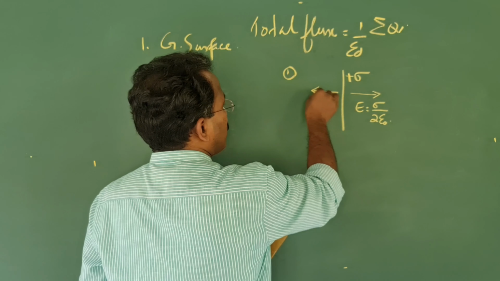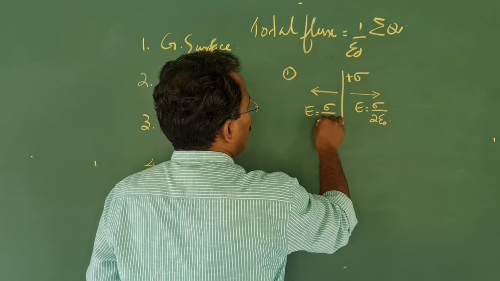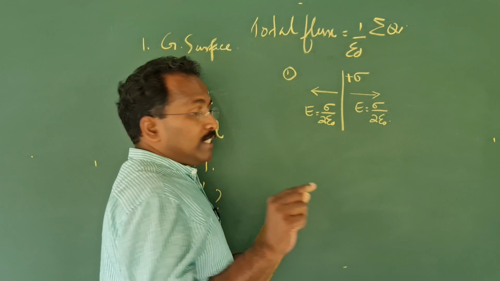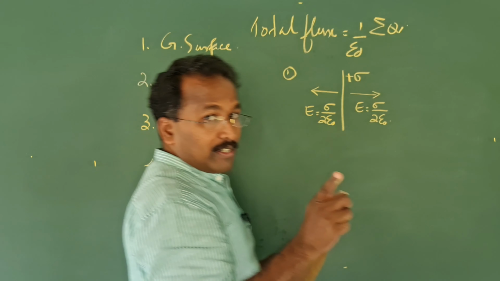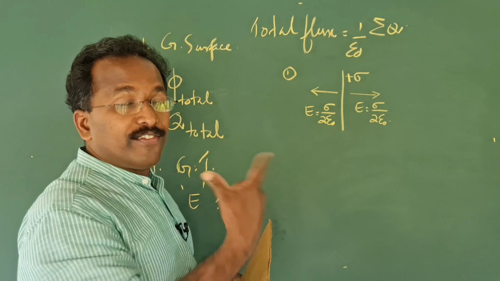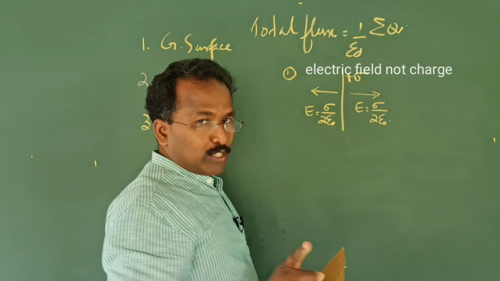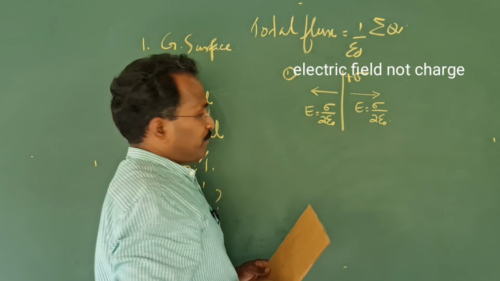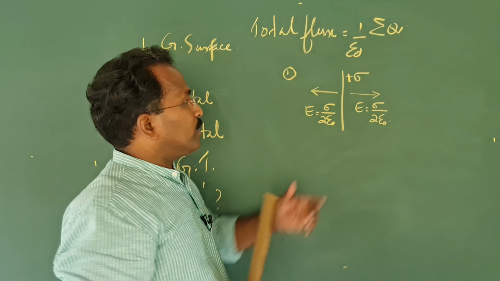To this side also the electric field is half of sigma by epsilon 0. In case the charge density is negative, how will that situation be different? You will have electric field of the same magnitude, but the direction will be opposite. Okay, that also you may draw in your notebook.